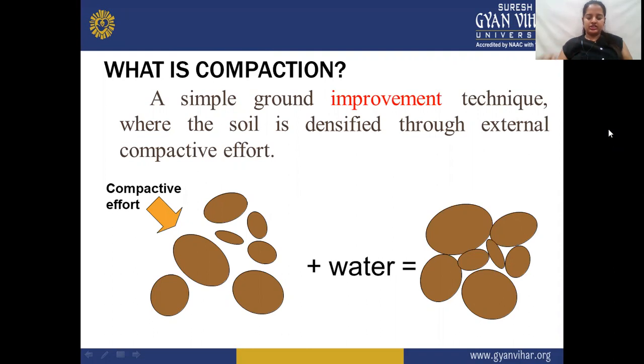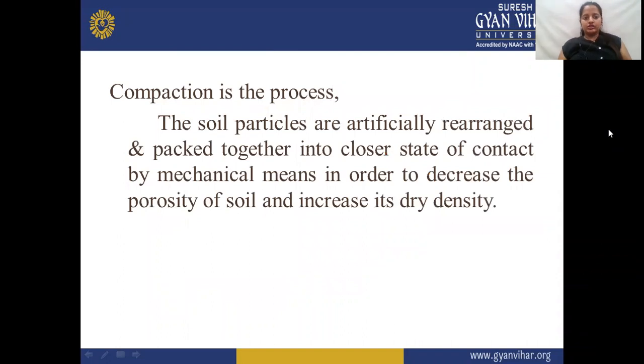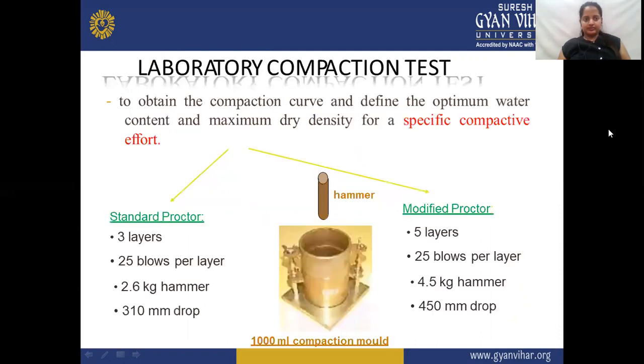It is either compacted directly or it is compacted with the help of adding moisture and then rammed over by a heavy weight to minimize the amount of voids available between the solid particles. Compaction is the process where soil particles are artificially arranged and packed together into a closer state of contact by mechanical means in order to decrease the porosity of soil and increase its dry density.